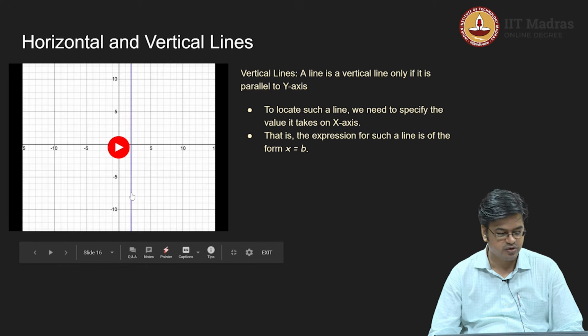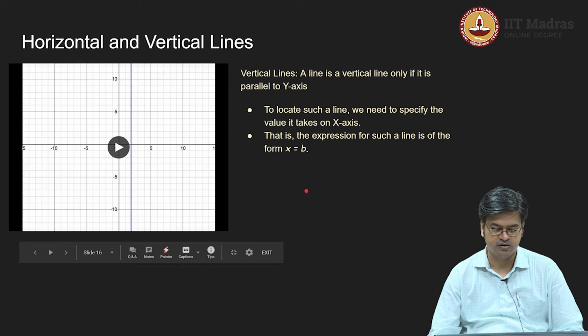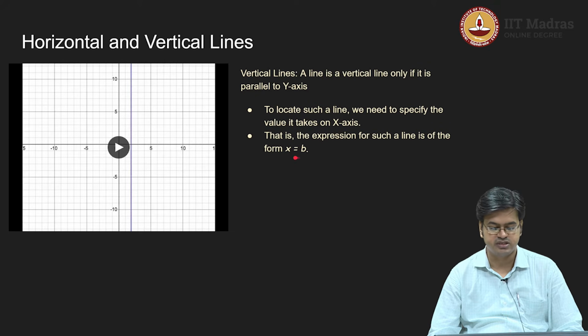Let us say this is the point, and I need to see what is the distance of this point from the y-axis. If that is b, then all points of the form (b, y) will lie on this line, and therefore the equation of the line, the expression for the line, will have the form x is equal to b.